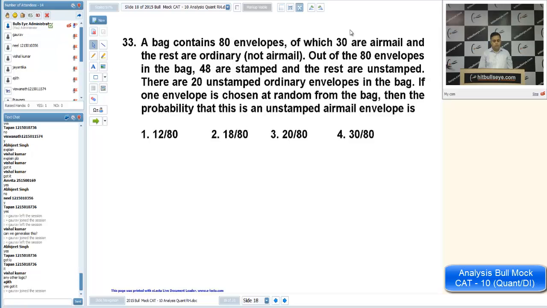Should I solve this question? Actually, this one is again an easier one. Vishal, you want me to solve it or not?